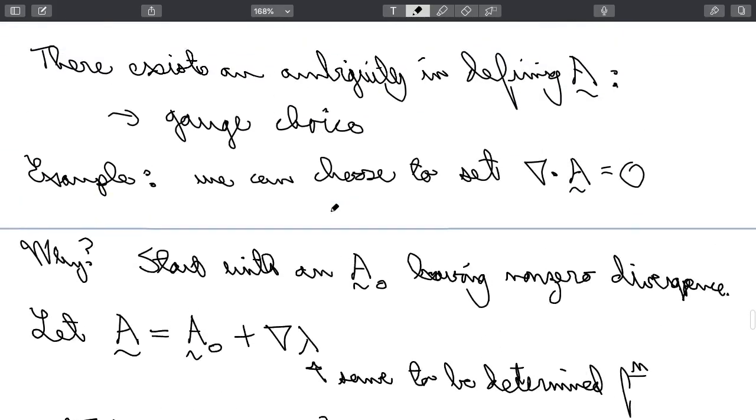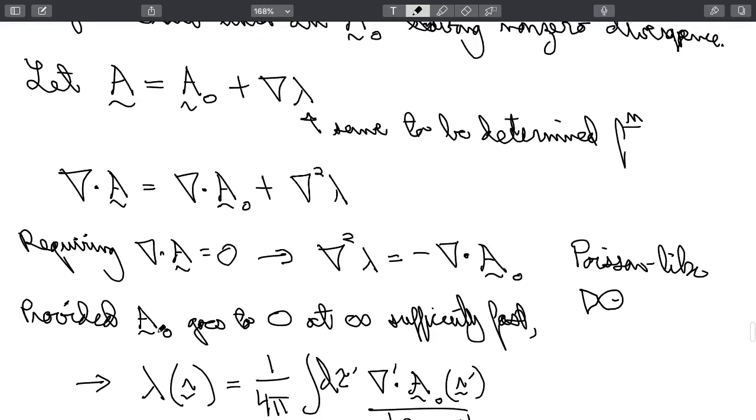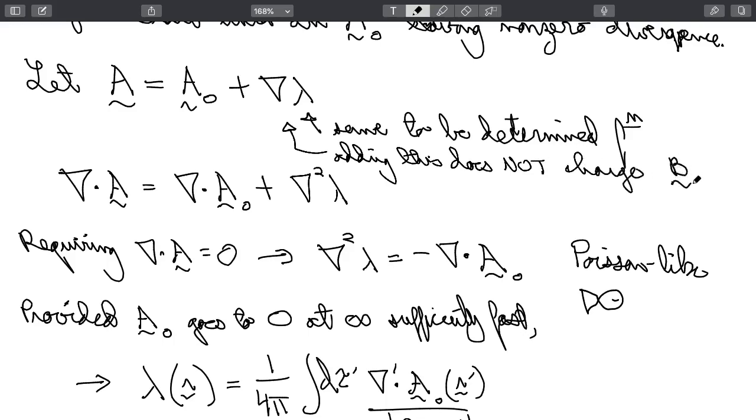The reason why it works, of course, is when I add this particular thing to my vector potential, I don't change the magnetic field. Adding this does not change B, right?